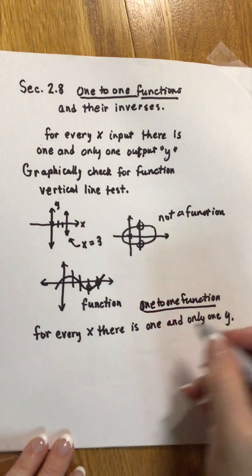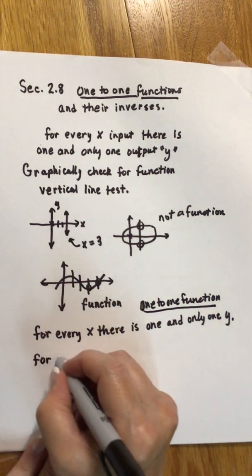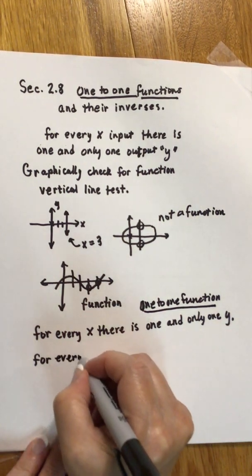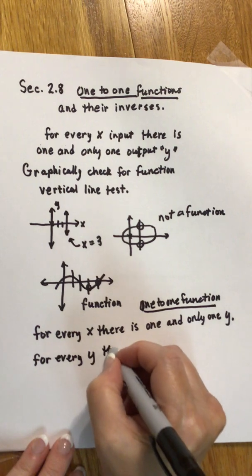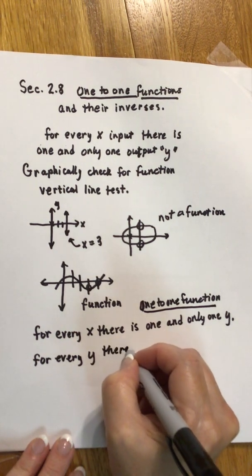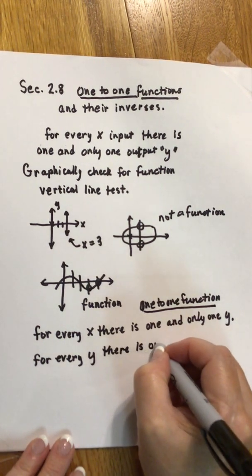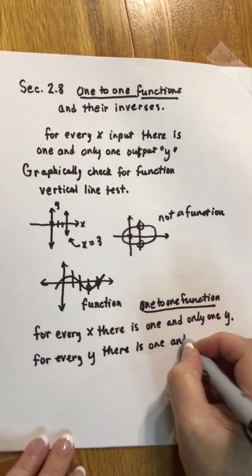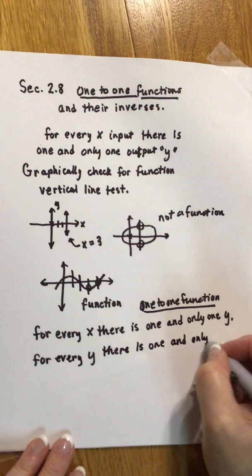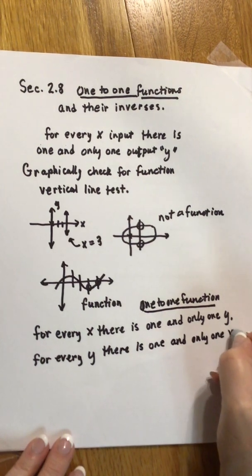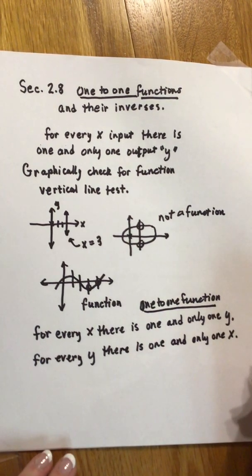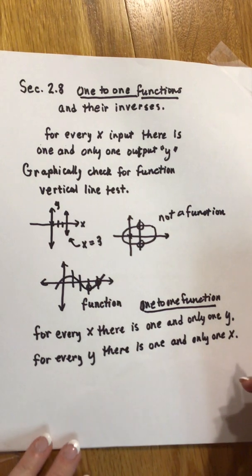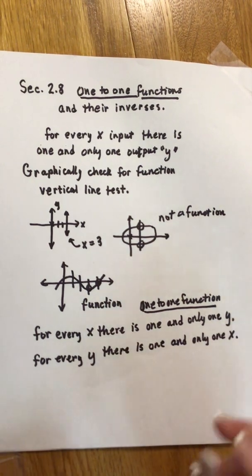adds the extra part that says for every y there is only one x. So you're going both ways now. So this is to be a one-to-one function.